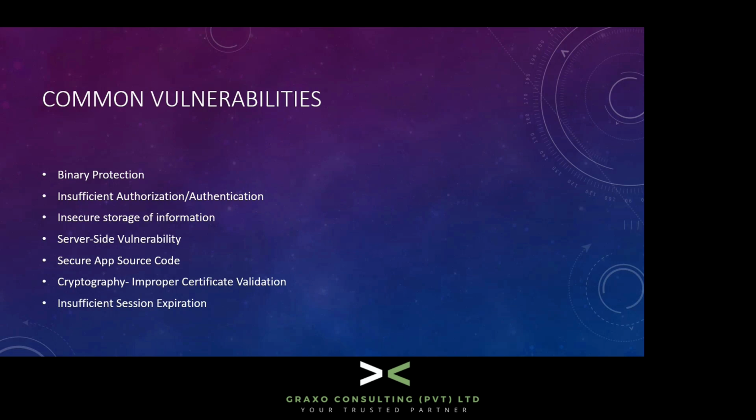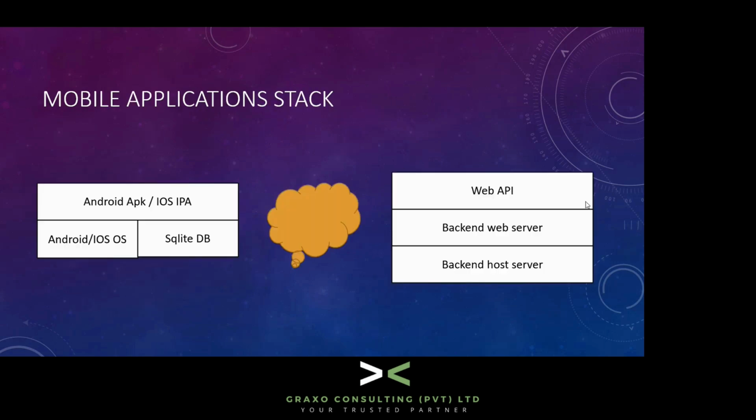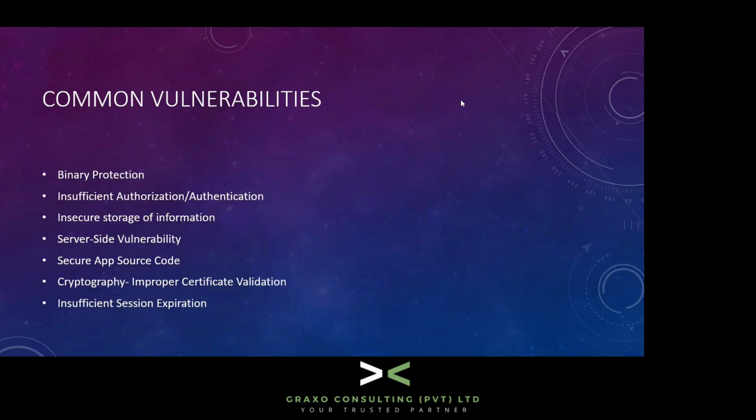Server-side vulnerability, as I already explained, is on the server side, so these are more or less the vulnerabilities of a web application. Secure app source code is very important. You may have heard that in mobile applications, when you write the code, it is possible to randomize it, so that when people do reverse engineering they see the code but it is obfuscated.